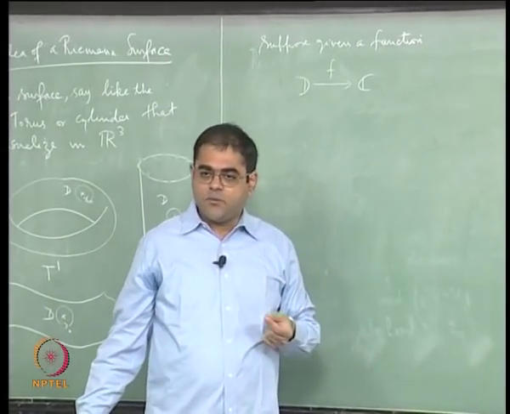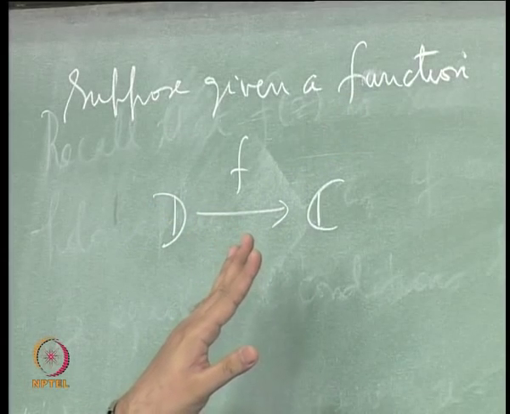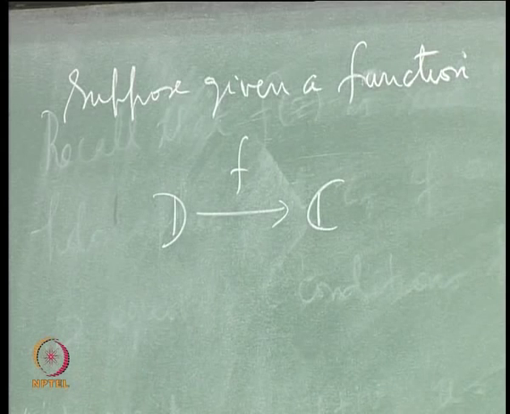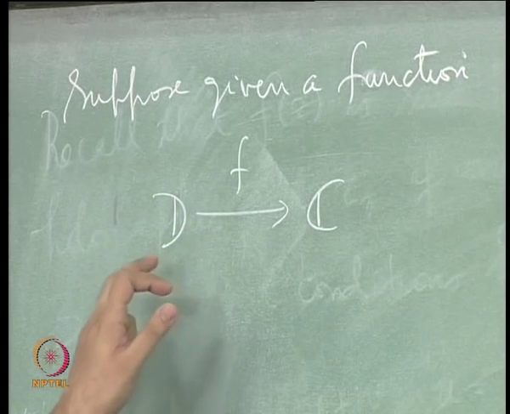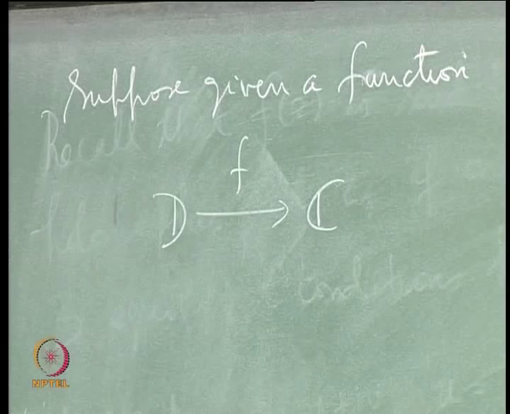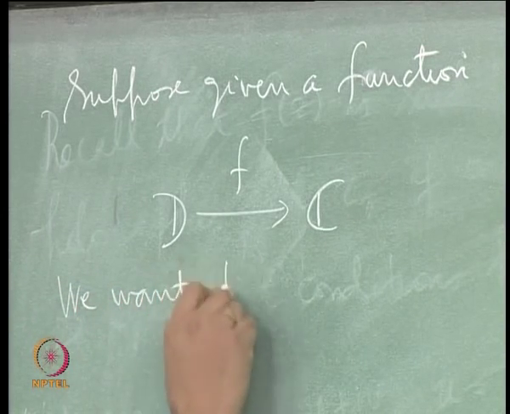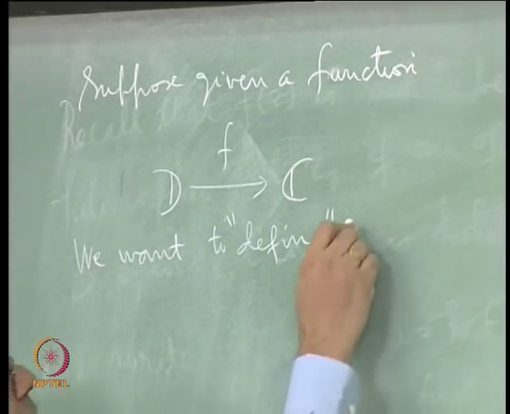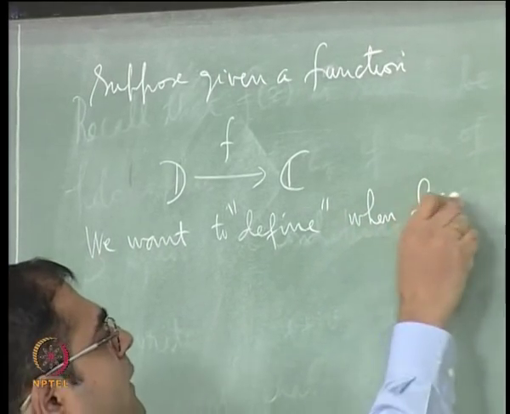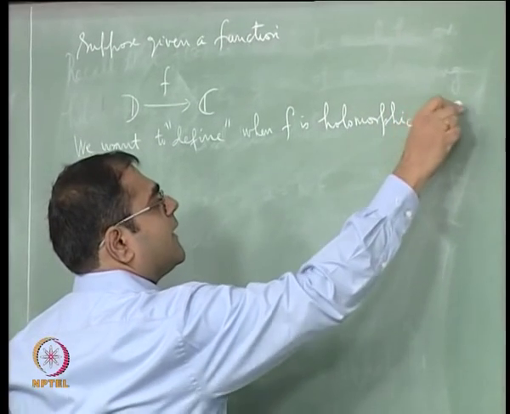And what is it that I want to do? I want to formulate a definition by giving a set of conditions as to when the function f is holomorphic at the point z0, at the point x0. So we want to define when f is holomorphic at x0.